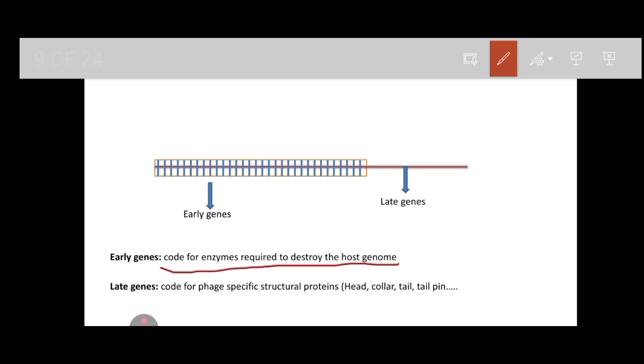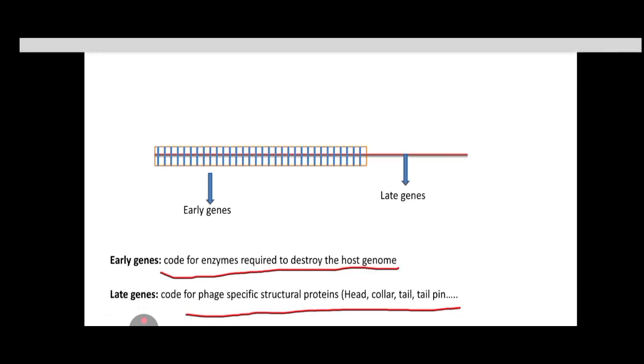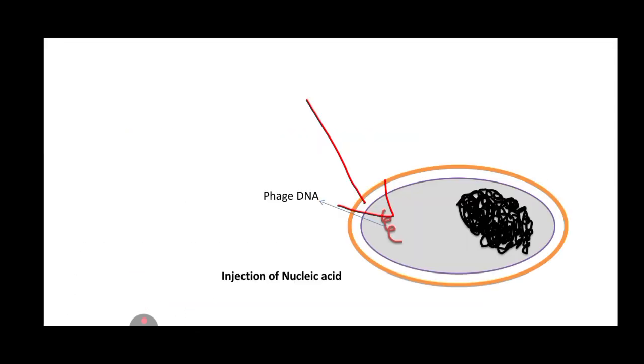And what is the role of late genes? Late genes are known to synthesize phage-specific structural components. So what are phage-specific structural components? For this, let's go to the previous slides.